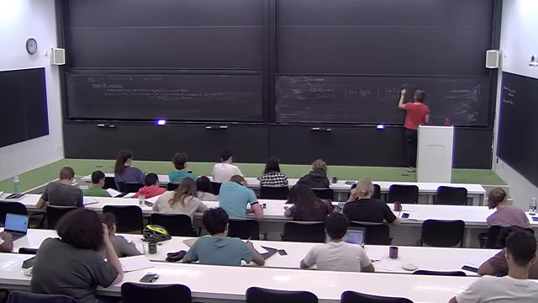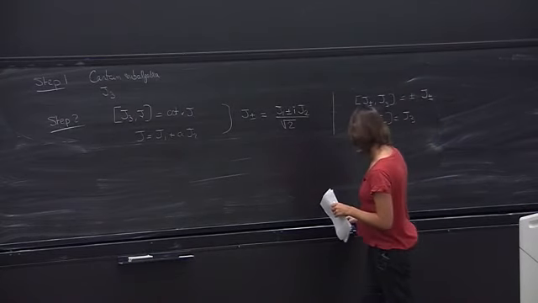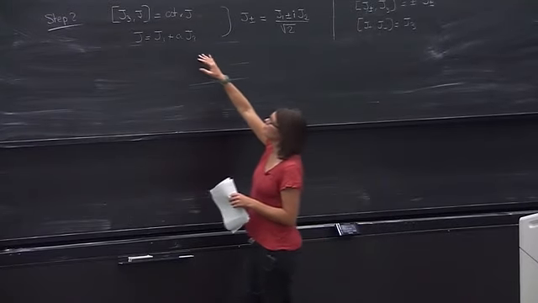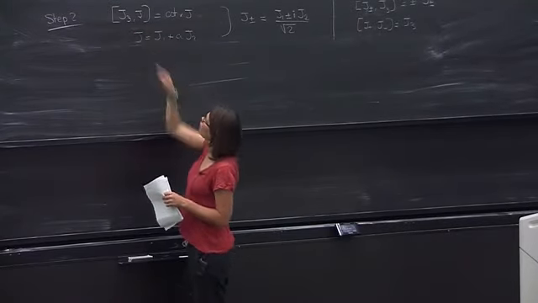And here, what do we get? We get just J3. So this was the second step, to define the raising and lowering operators, and they appear here as eigenvectors of this commutator operator.